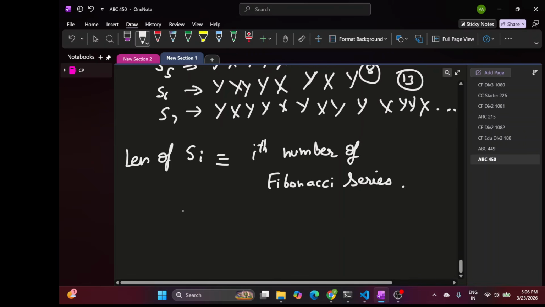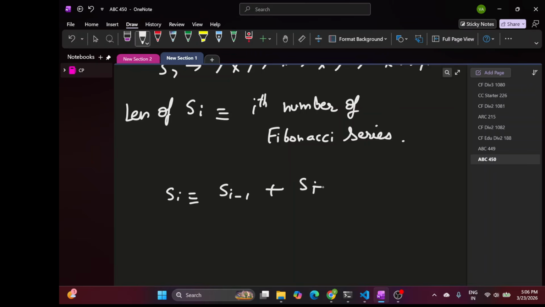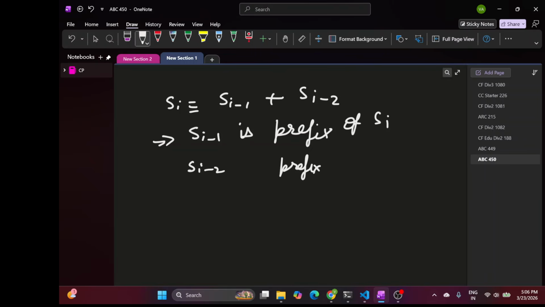But can we say another thing? What is Si? Si is basically Si minus 1 plus Si minus 2, right? So can we say that Si minus 1 is a prefix of Si, and similarly Si minus 2 is a prefix of Si minus 1, and so on, right?